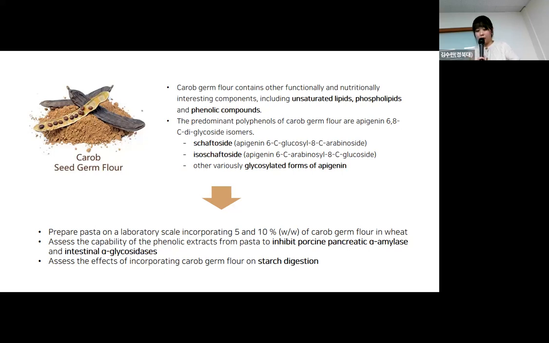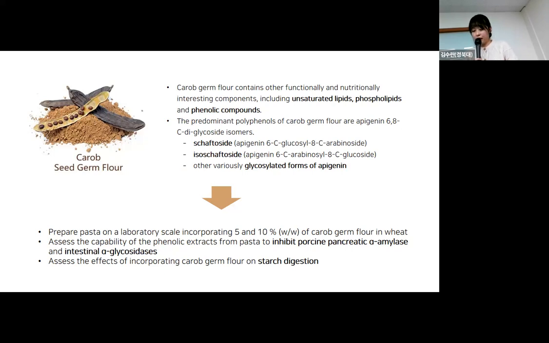The predominant polyphenols of carob flour are apigenin 6,8-C diglycoside isomers, namely schaftoside and isoschaftoside, and other various glycosylated forms of apigenin. Flavone C-arabinosides are one of the less common classes of flavonoid glycoside occurring in nature.